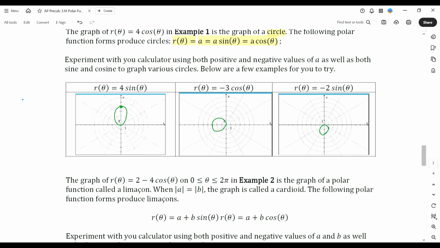What do you think about when you hear cardioid? Yes, it's more of a heart-shaped figure. And cardioids don't have that inner loop like limaçons do.